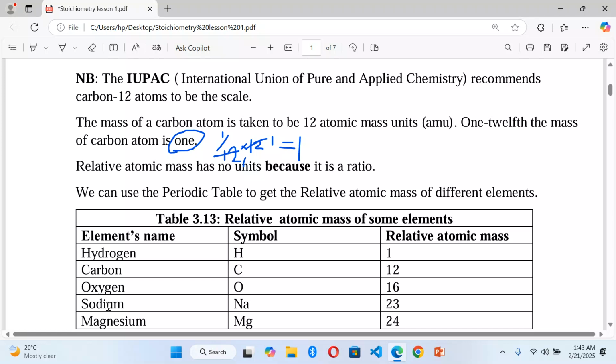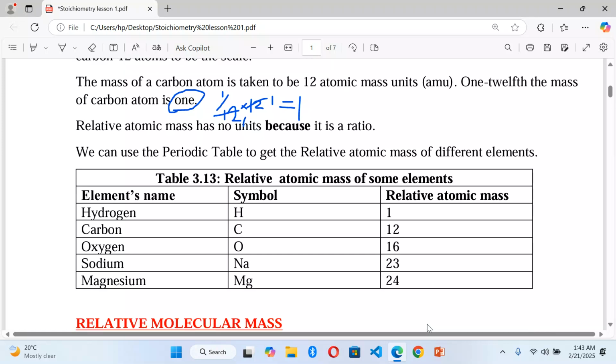The same case applies for sodium, which has 23. Divide by 1, and still we get 23. Then we have magnesium, which has an atomic mass of 24, and therefore its relative atomic mass becomes 24. This was just a sample of some elements. We can try out any other element on the periodic table.